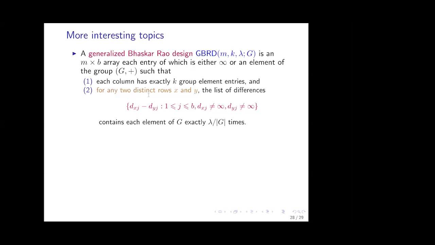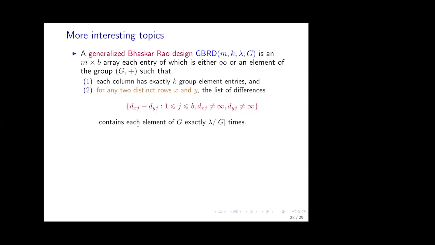And for any two distinct rows X and Y, consider the list of differences dxj minus dyj. If one of dxj or dyj is infinity, then we omit the difference; we don't count it.